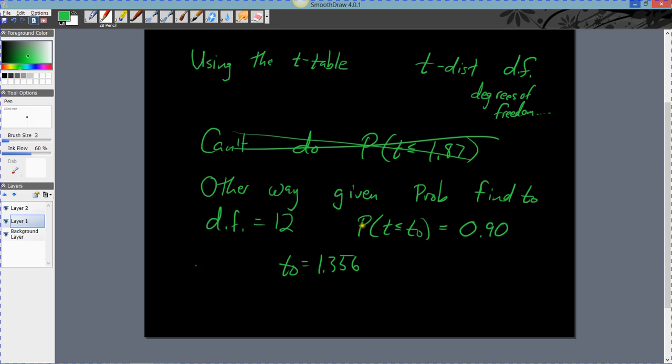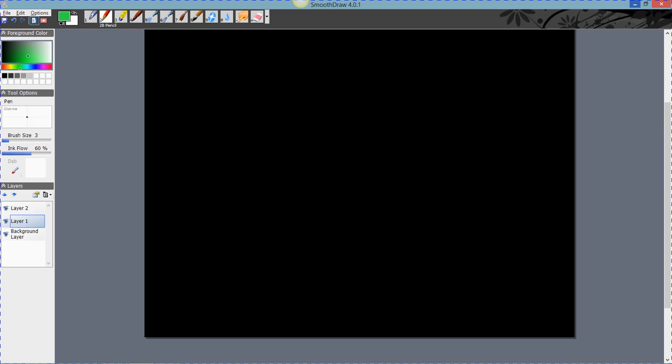So let me do a hypothesis test just to show you a feel for how you're actually going to use this. Let's say a car is supposed to get at least 40 miles per gallon. And we take 10 cars, and we find that their average is 38, and the standard deviation is 3.